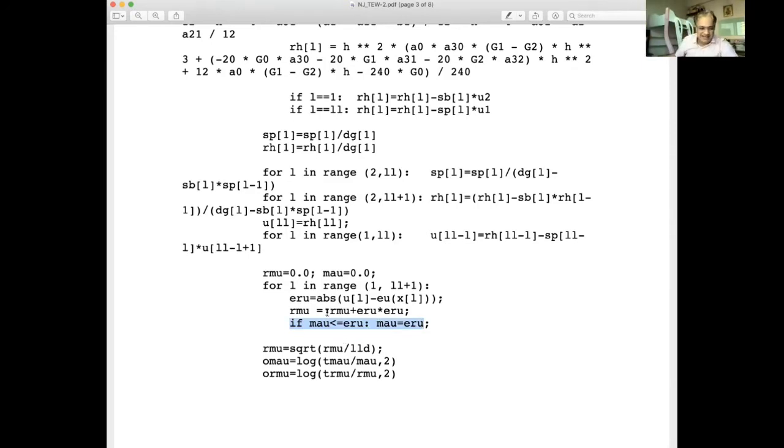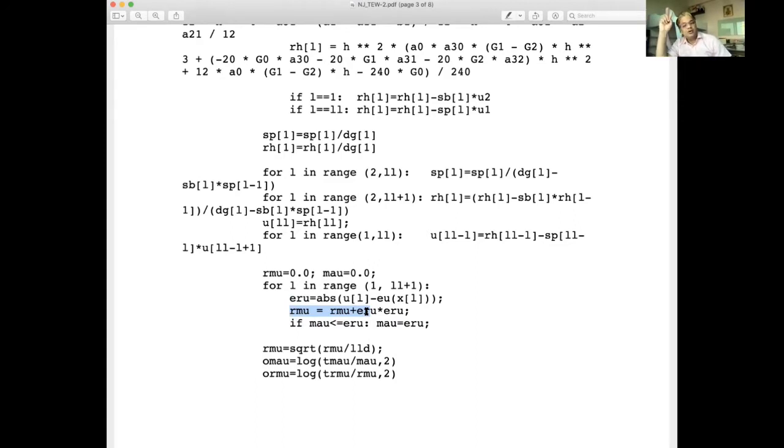And in ERU, I have calculated mod of UL minus exact UL, and each time I am going to add. So it is something like mod of alpha 1 square plus mod of alpha 2 square and so on up to plus mod of alpha n square.